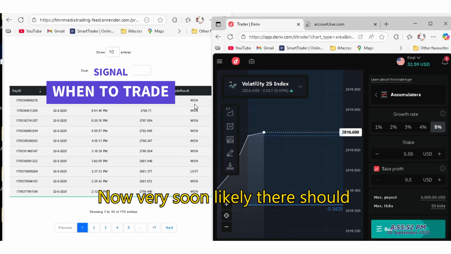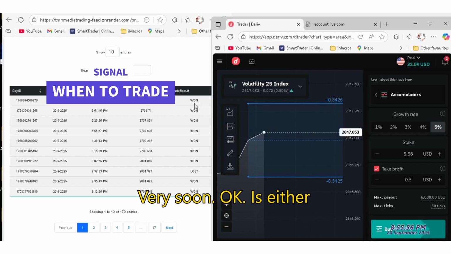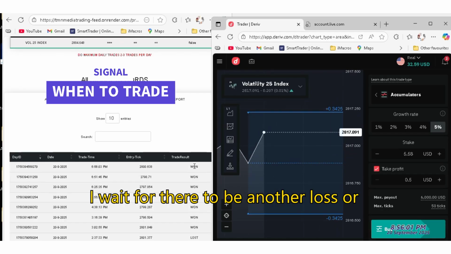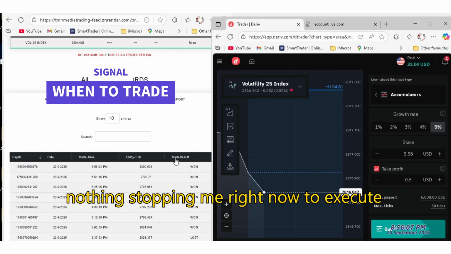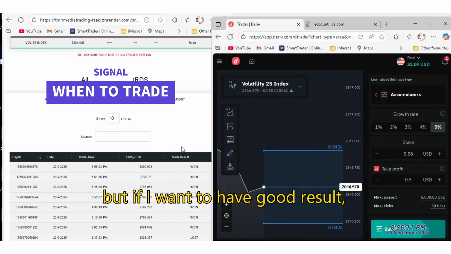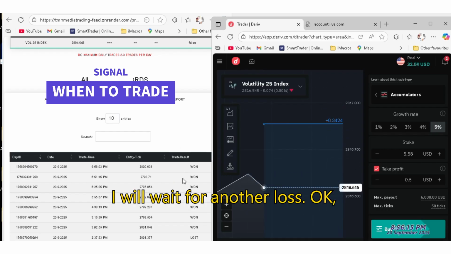Very soon, there should probably be another loss. Either I wait for there to be another loss or I can do my trade. Nothing stopping me right now to execute my trade. I can still do my trades. But if I want to have good result, I will wait for another loss.